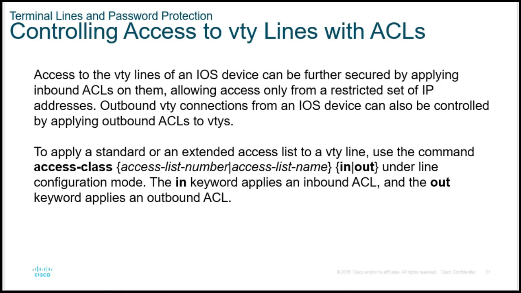One way we can remotely access our devices is through the VTY lines. Since we will be using remote networks or public networks to access the devices, we can filter the traffic by using ACLs. To apply an ACL on the line VTY, we use the keyword access-class, and it's usually applied to inbound traffic.